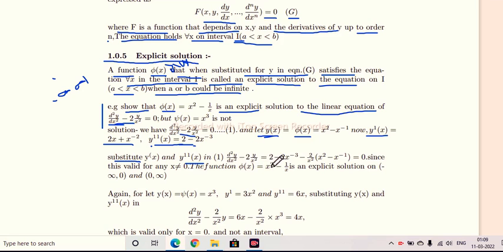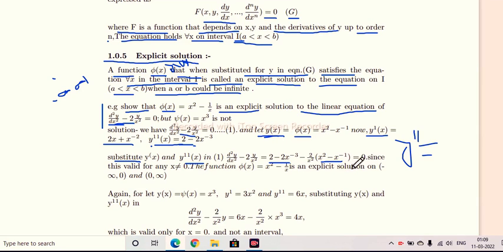After substituting, d square y by dx square, which we can also write in the new notation as y double dash, and minus 2 times y by x square, substituting y(x) here.